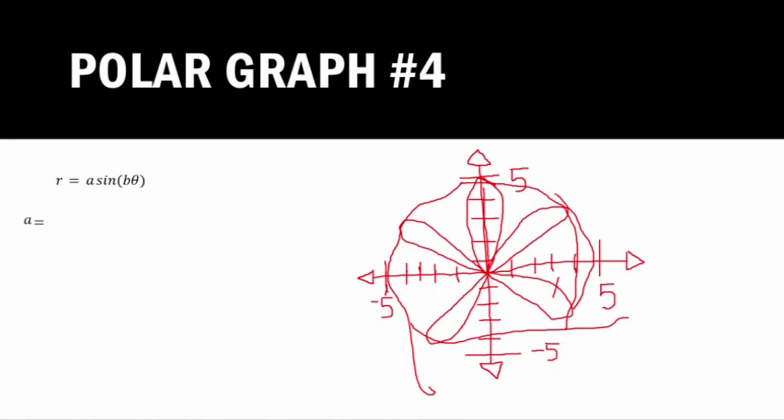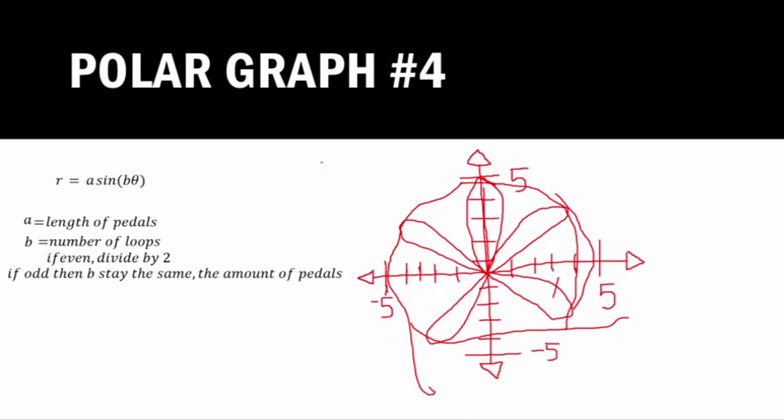a will equal here the length of the petals, which is 5 units. Well, supposed to be at least. My drawing isn't the best. b will be the number of loops. In this case, it's 5. If even you divide by 2, but since it's odd, b will stay the same, so the number of petals will all be the same.